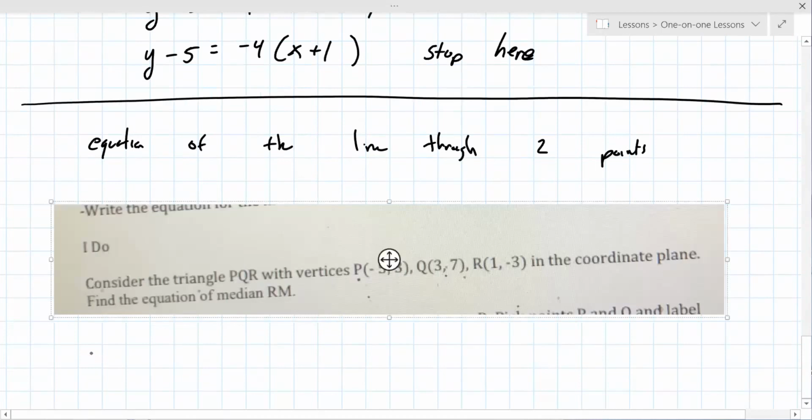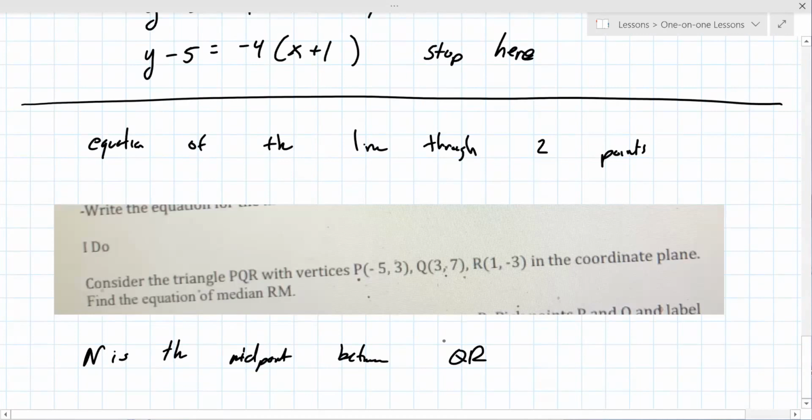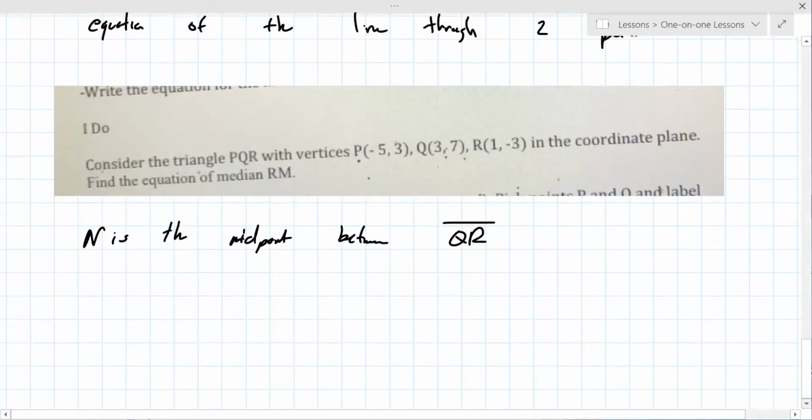And we're going to say that N is the midpoint between Q and R. So you said you could find the midpoint of those two. Go ahead and do that for me, please.